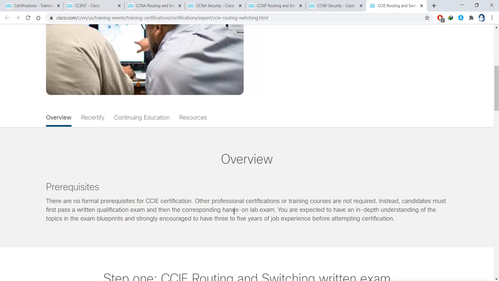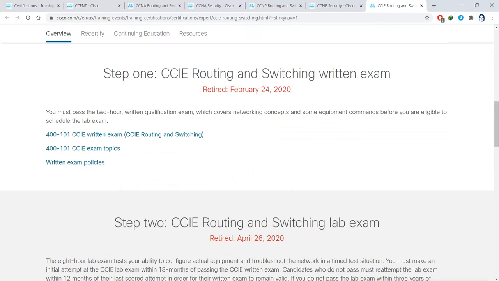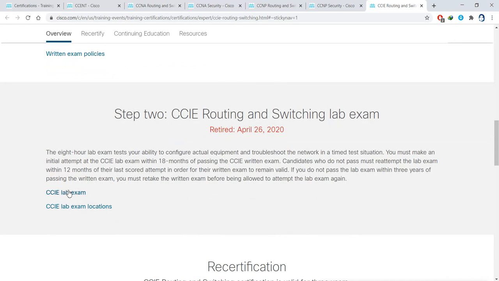This exam itself does not say anything about previous certification, but it actually says that you have to pass the written exam. So first is the theory exam, which is the written exam, and that is the code for CCIE Routing and Switching, and then you can go for the lab exam.